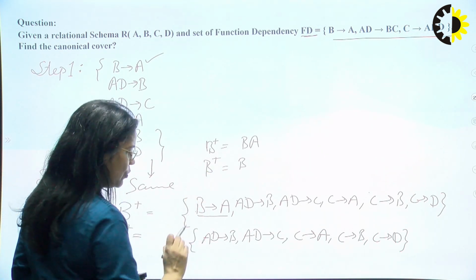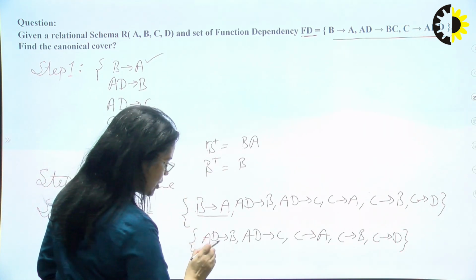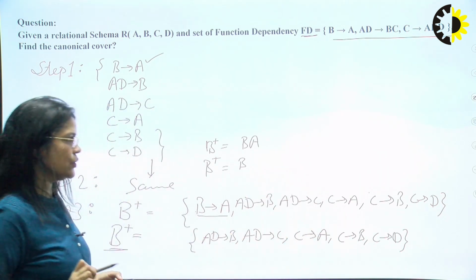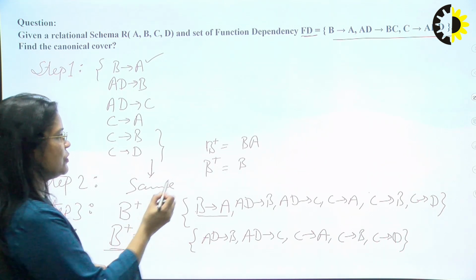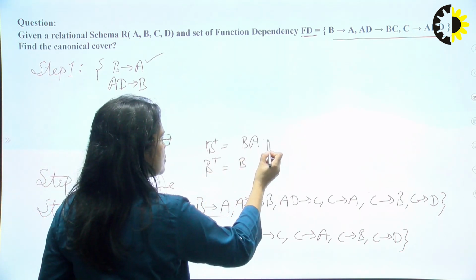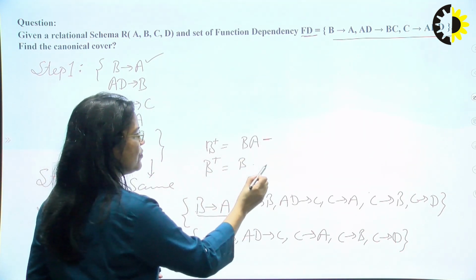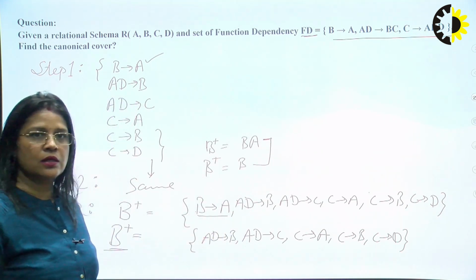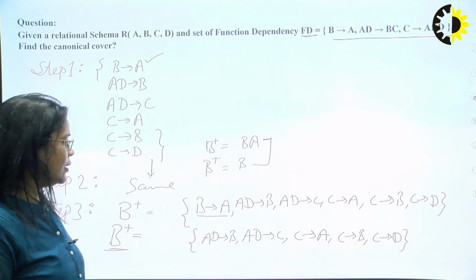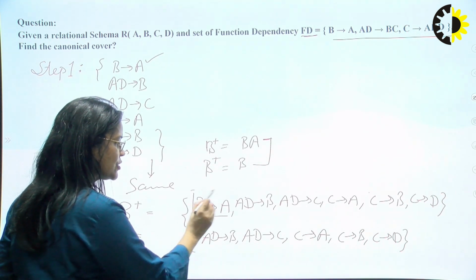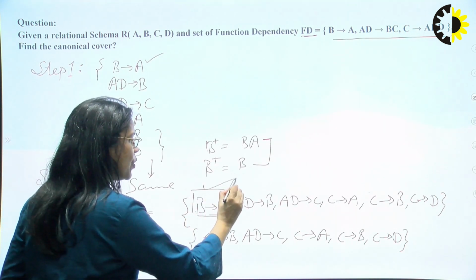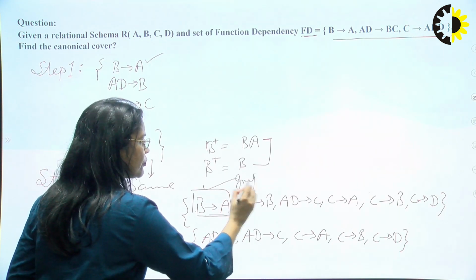We are having B only, so nothing can be reduced. So, we see the closure is different in both the cases. What will be done then? It means we cannot remove this functional dependency. It is important, right?